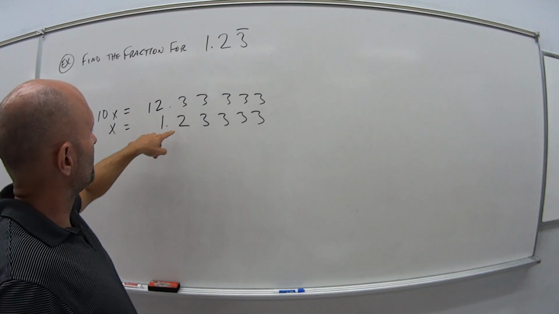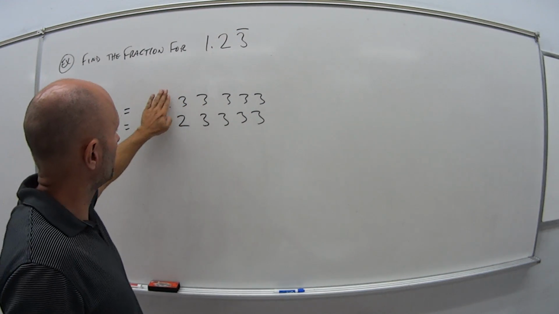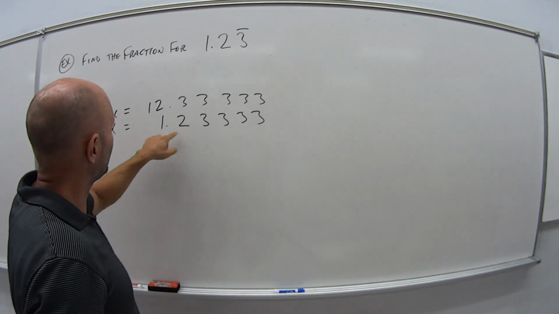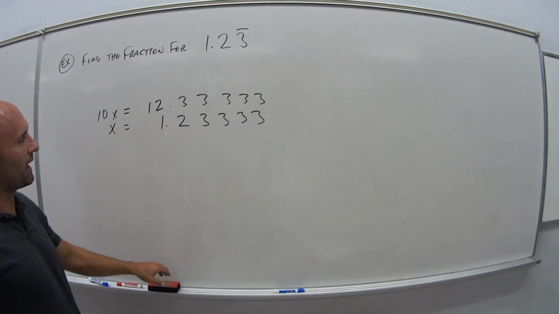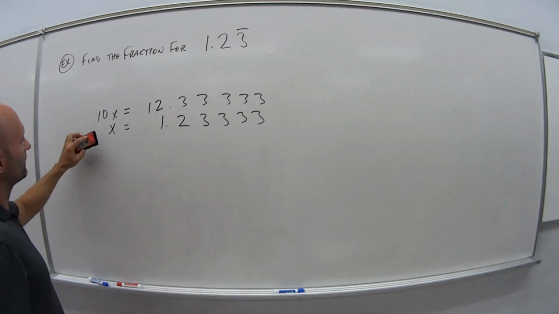That's okay, but what do I have here? These aren't all the same. All of this to the right of the decimal has to be the same. So I can't just start this problem by saying x is equal to that. I mean, I can as my first step, but I'll see real quick that that's not going to work out.